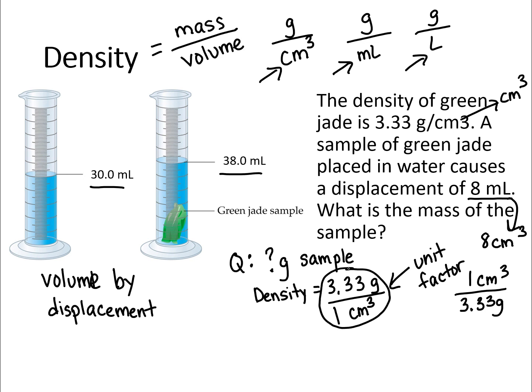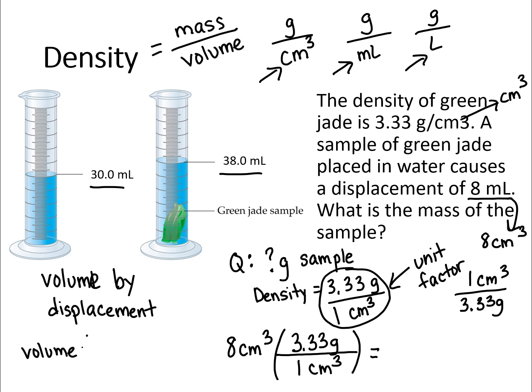So we're going to start off with our 8 centimeters cubed, which is the volume, and multiply by our unit factor. In words, what we're doing is taking a volume and multiplying by mass over volume. When you cancel those out, you're left with the mass.